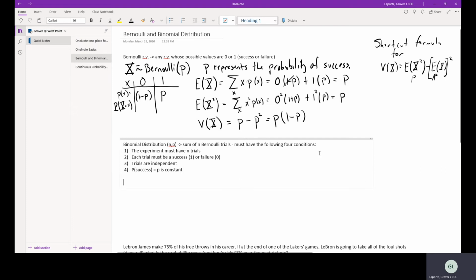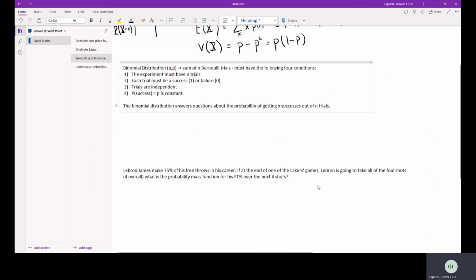Okay, so the binomial distribution is about the probability of getting X successes out of N trials. Okay, so that's what it does, and let's just go ahead and go to the example here.